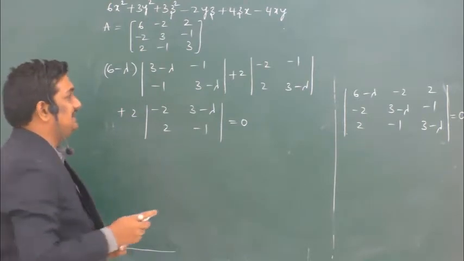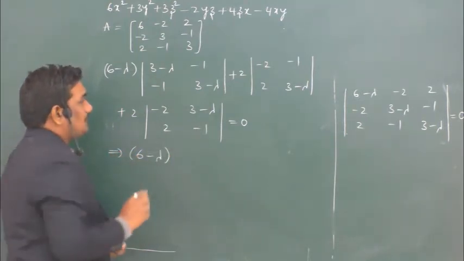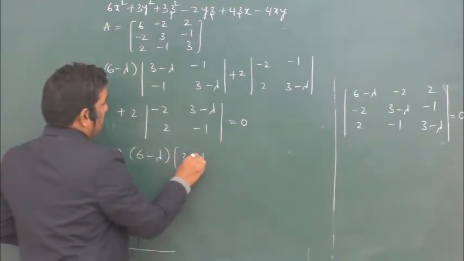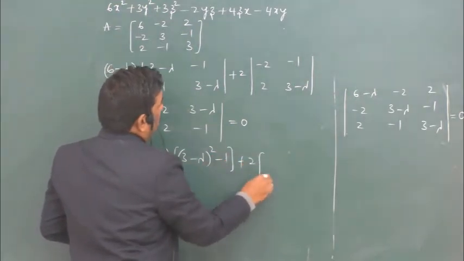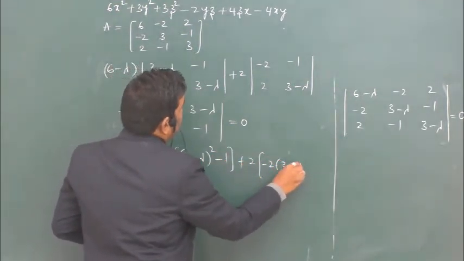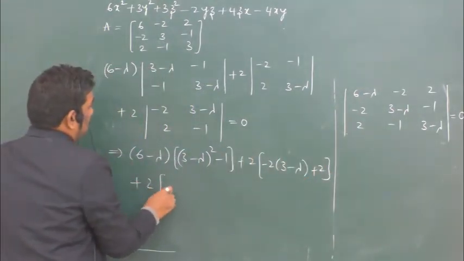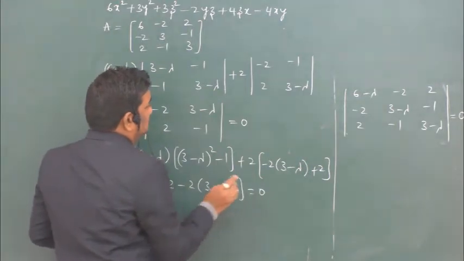Now let us expand it. It is (6-λ) into AD minus BC, (3-λ)² - 1, plus 2 into (-2)(3-λ) + 2, plus 2 into 2 - 2(3-λ), equals 0.